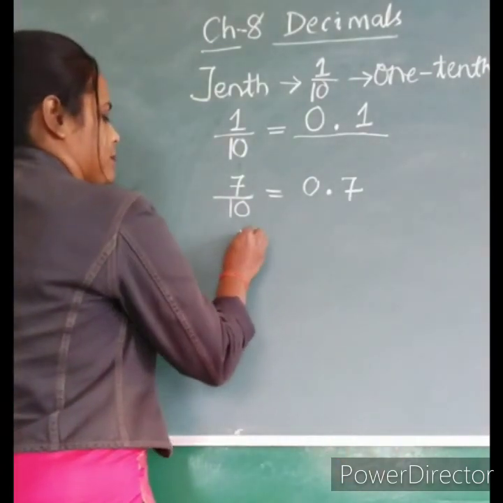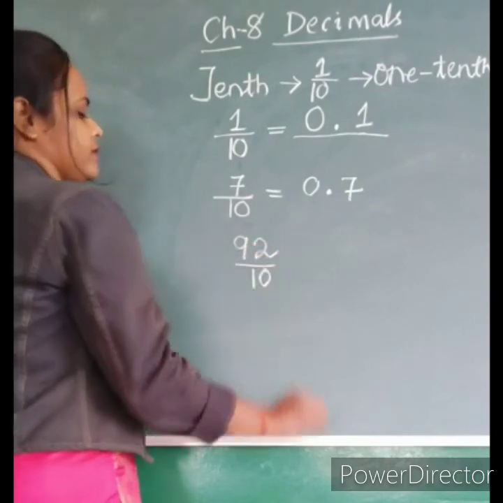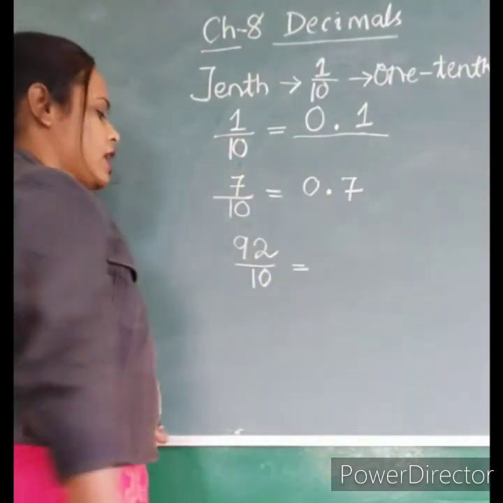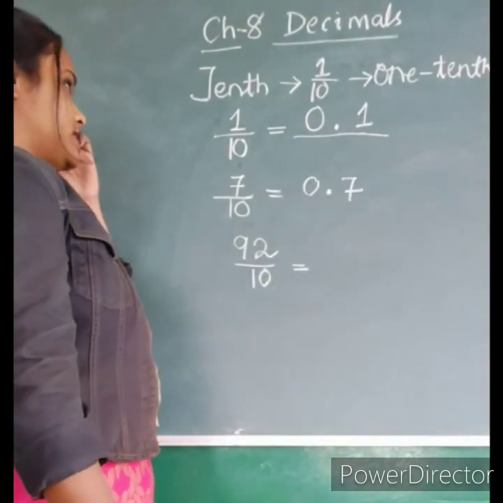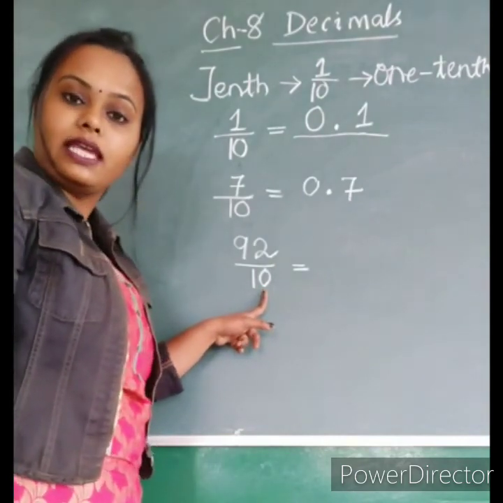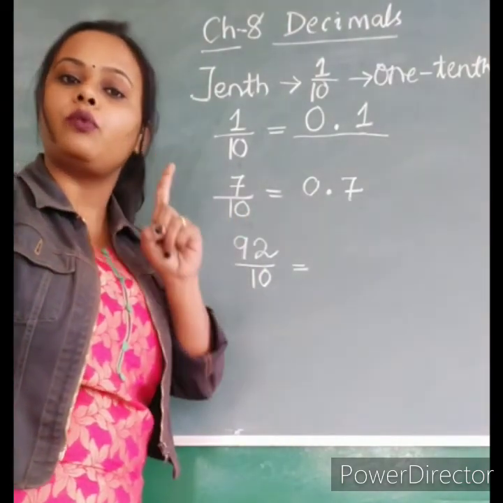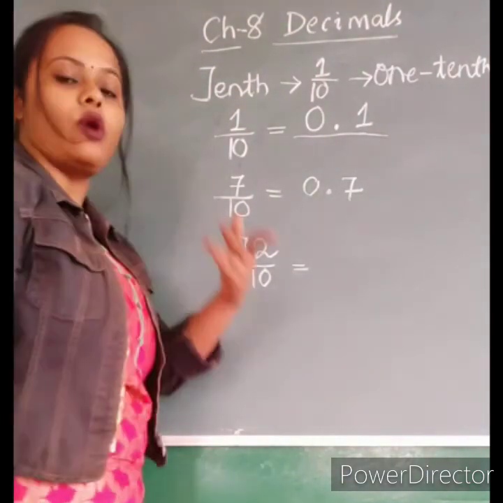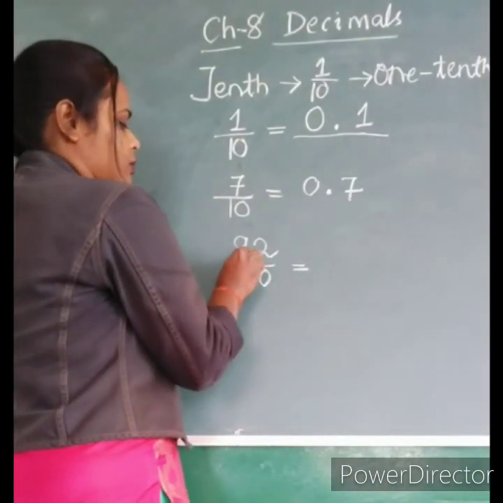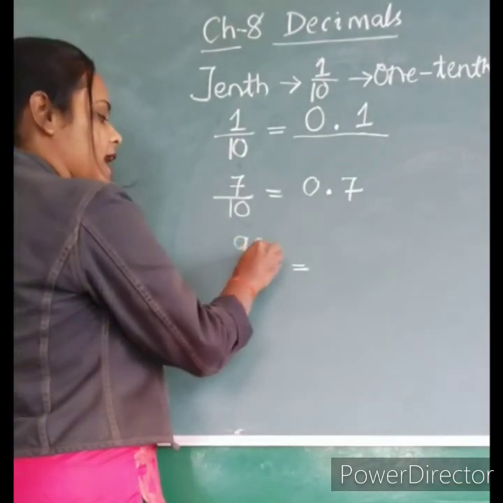Let us take another example. 92 by 10. How to read and write this one? As you can see, in the denominator we are having 10. It means that after the point there will be only one number. In the numerator we are having two numbers now, 9 and 2.